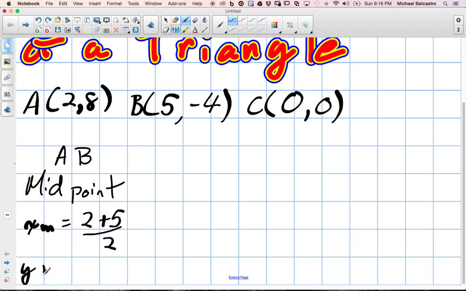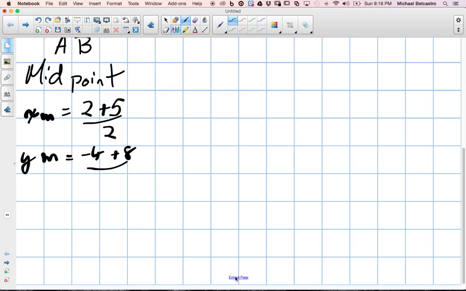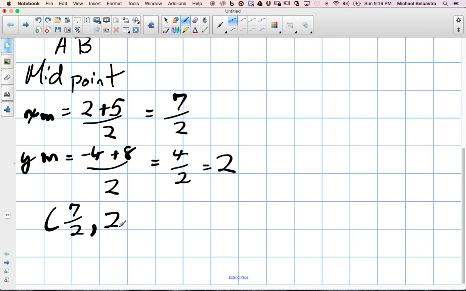And our y midpoint is going to be equal to (-4 + 8) divided by 2. So our x midpoint is 7 over 2, and our y midpoint ends up being 4 over 2, which is 2. So our first midpoint is 7 over 2 and 2.